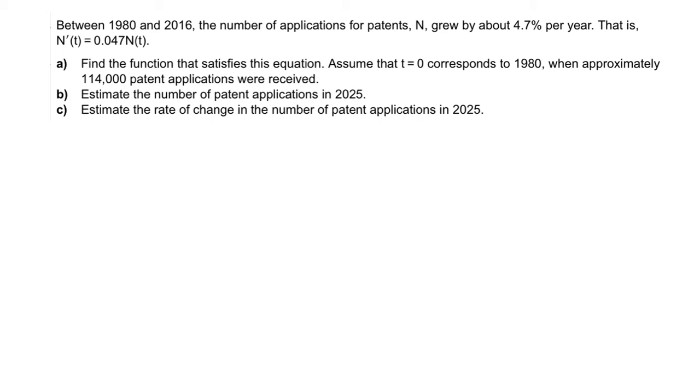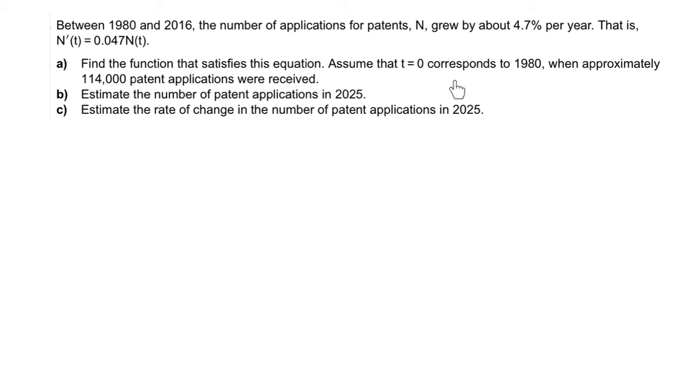Application: Uninhibited and Limited Growth Models. Let's do an example. Between 1980 and 2016, the number of patent applications grew by about 4.7% per year. That is N'(t) = 0.047 N(t). Find the function that satisfies this equation.